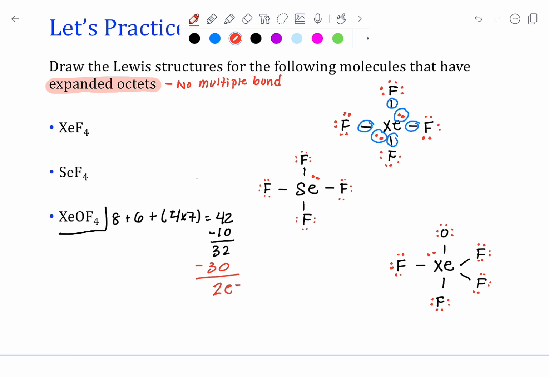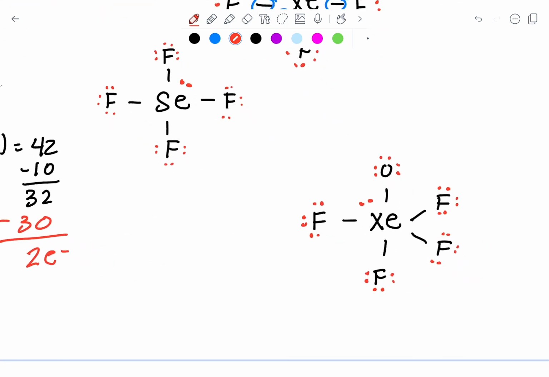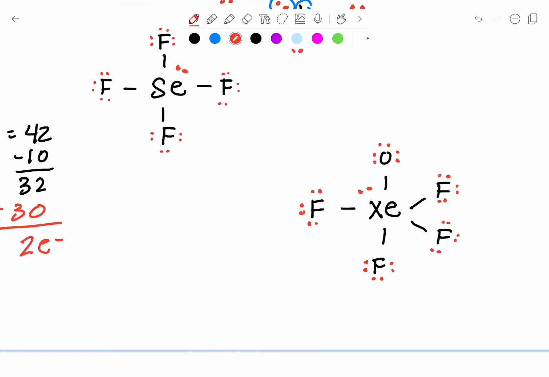Okay. So if you look at this structure, you may think, okay, well, the fluorines are following our rules, halogens only making 1 bond, but oxygen is not following its rule. But if I were to try to move one of these, because oxygen prefers to have 2 bonds and 2 lone pairs, if I tried to do that, that would create a multiple bond in my structure.